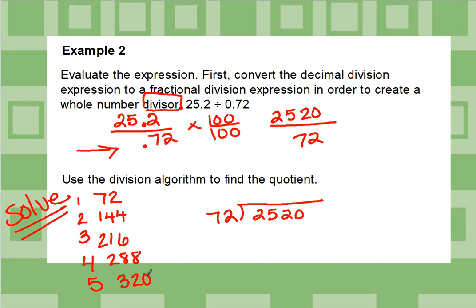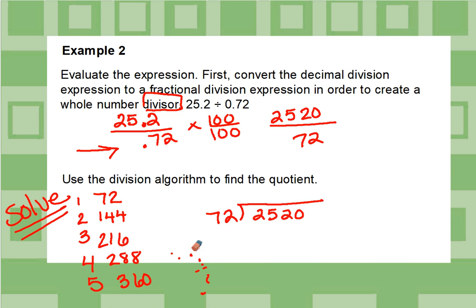Is that right? No. 288 and 72 is 360. And I think that might be as far as we have to go. So let's go ahead and try that.